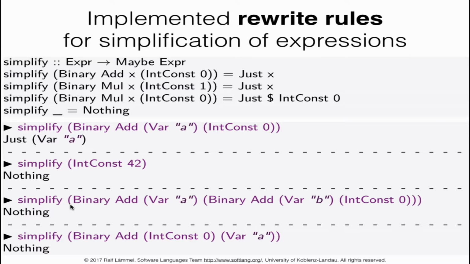Application might fail because there's really no redex, or because maybe the redex is somewhere deep in some subterm and this function as it stands doesn't really drill into subterms. Or simplification might also fail because we would need to take into account commutativity.